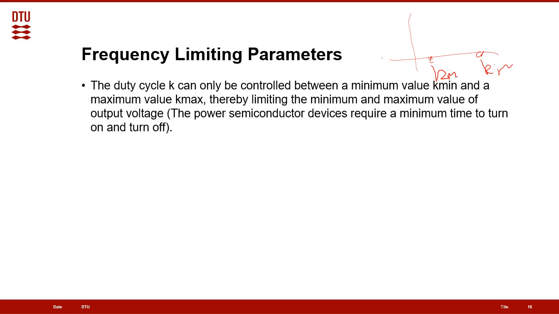And this is definitely so for a real switch, they will not be 0 and 1, or 0 and 100%. Usually they become larger than 0, say from 10% up to 90%. This is because of the non-linearity in the converter.